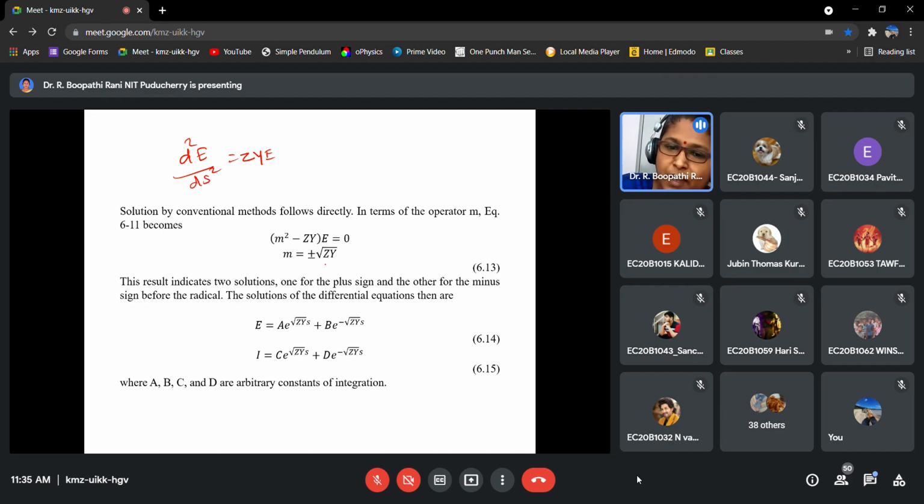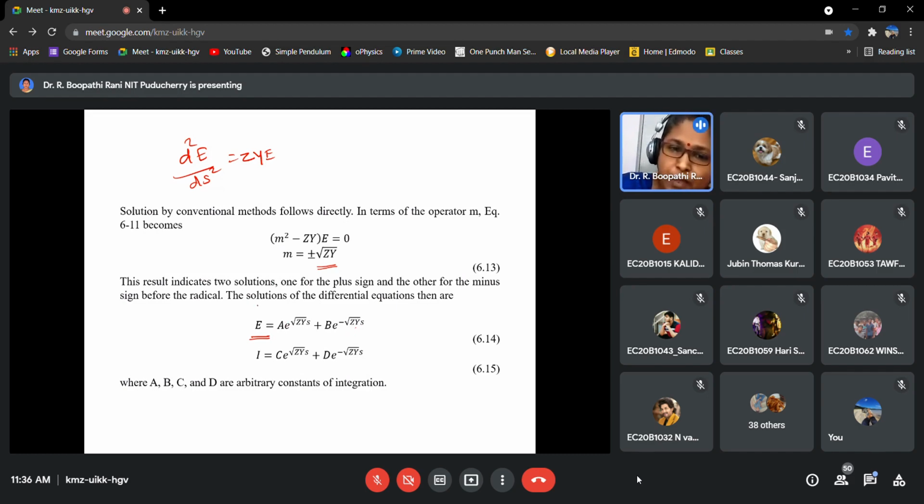If we find the solution for m, we get m as plus or minus root zy. For the differential equation we have to write the solution in this format; you would have studied this in mathematics.